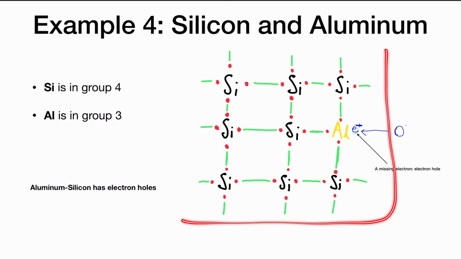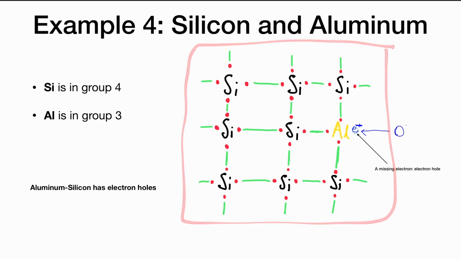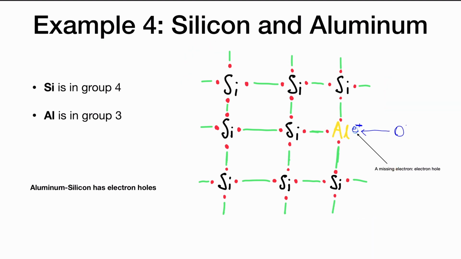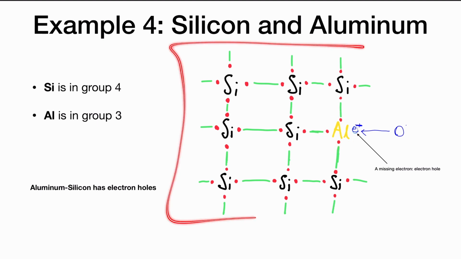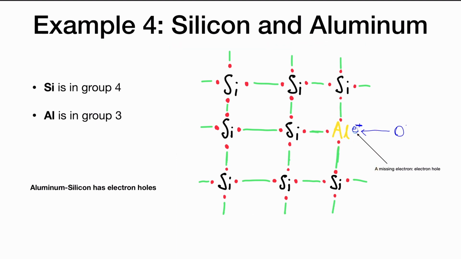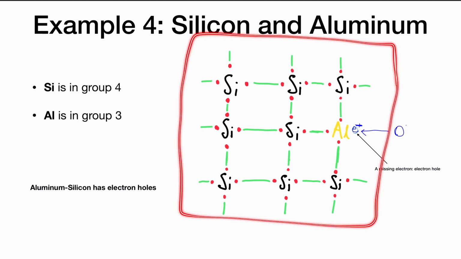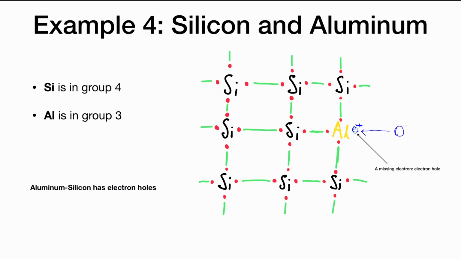This type of substance, because of our introduction of aluminium, we have produced a hole which is positively charged because it lacks electrons, it's short of electrons. This type of semiconductor is what we call a p-type semiconductor. P because the hole is positively charged.